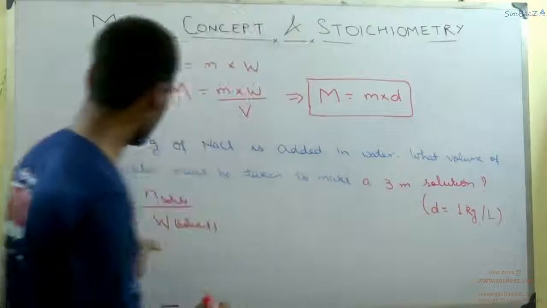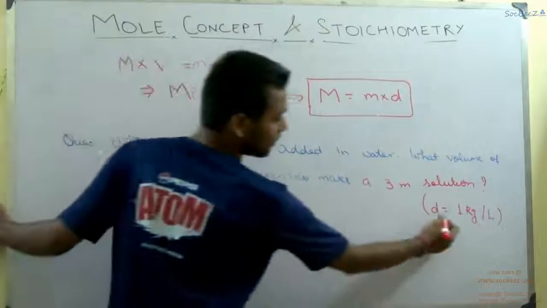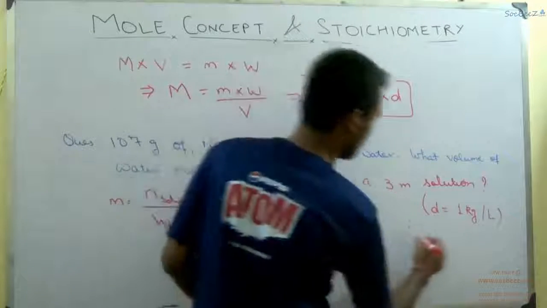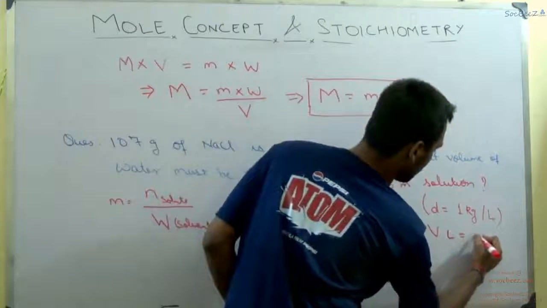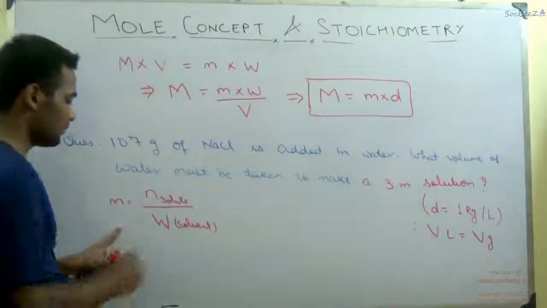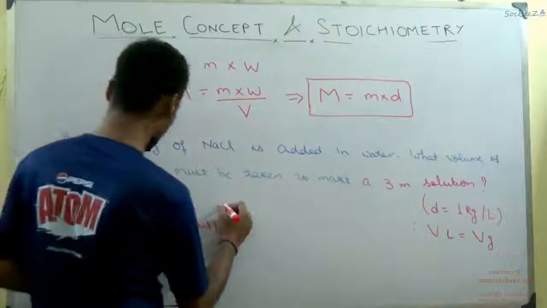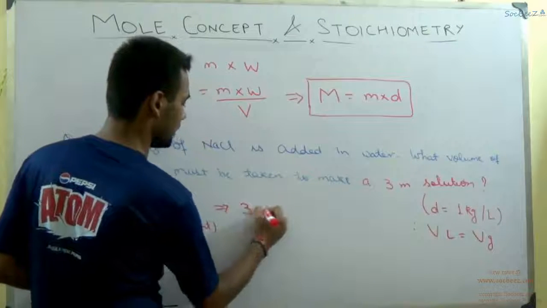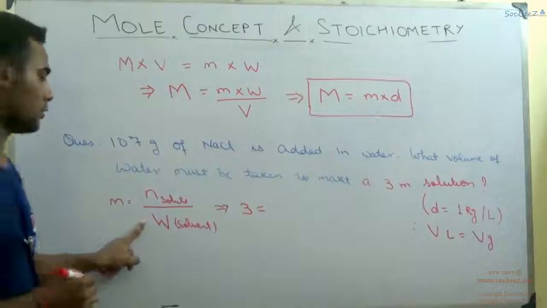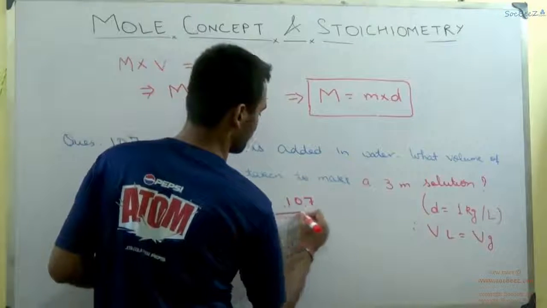So since density is 1 kilogram per liter, therefore V liter water equals V gram of water. So if we substitute the expressions, we will get 3 equals number of moles of solute. Number of moles equals weight upon molecular weight. So the weight is 107 grams.